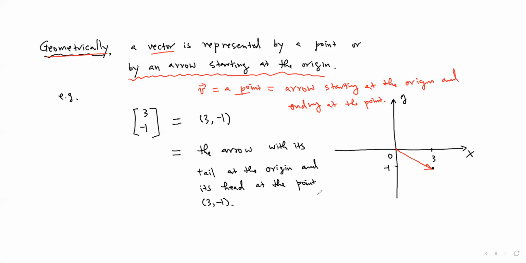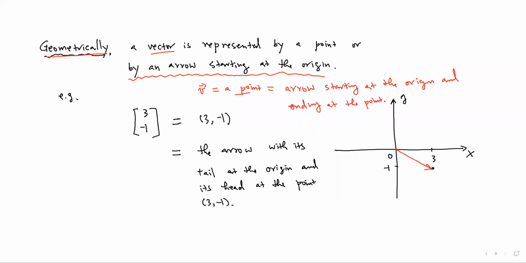So in this book, these three things are identical. A vector is a point is an arrow. Identical. This is topic 2 about a vector.